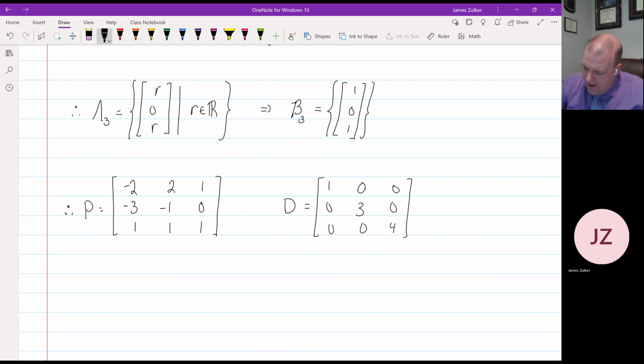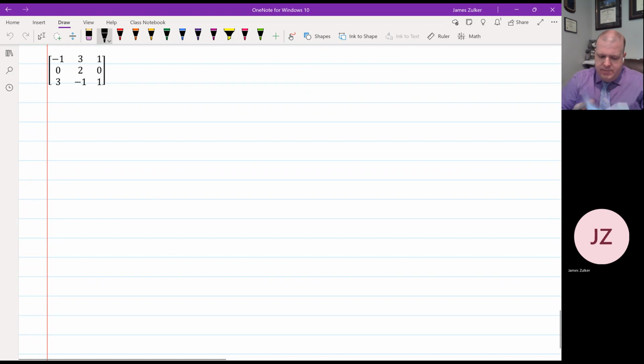Let's take a look at another 3x3. So we take a determinant.